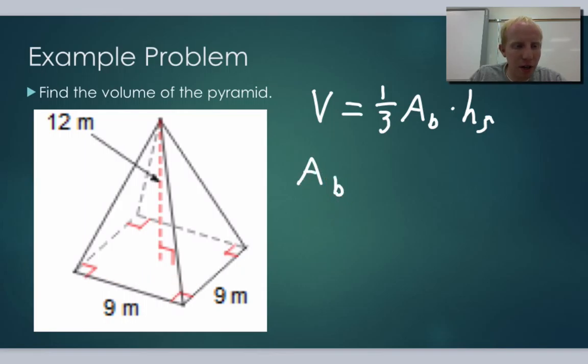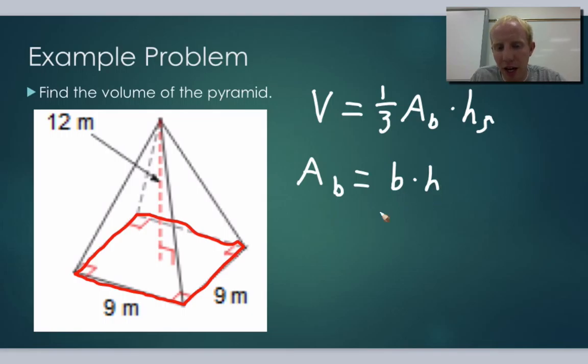The base right here in this picture is a square, but let's just treat it as a rectangle. So it's going to be the base times the height, and again, it's the height of the rectangle, not the height of the pyramid. So that's just going to be 9 times 9, which gives us 81.